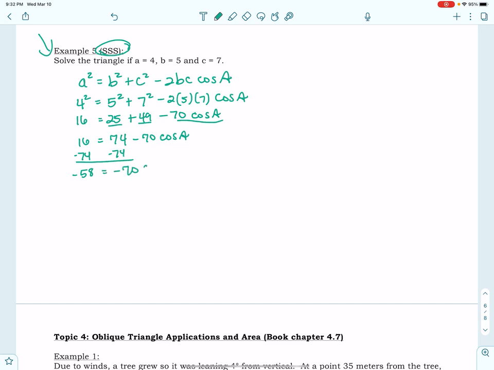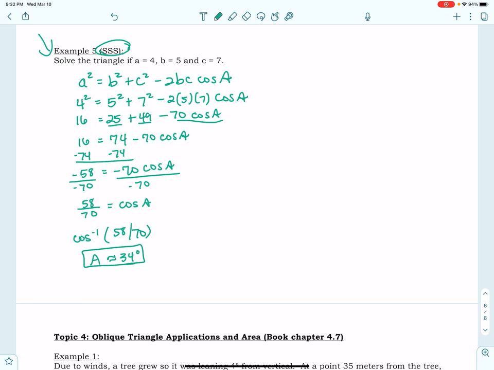And that gives me negative 70 over here. Now I can divide by negative 70. And so I get cosine of A is equal to positive 58 over positive 70 because a negative divided by a negative is a positive. So in my calculator, I'm going to type in cosine inverse of 58 divided by 70. And so for angle A, I am going to get approximately 34 degrees. That's how that works.